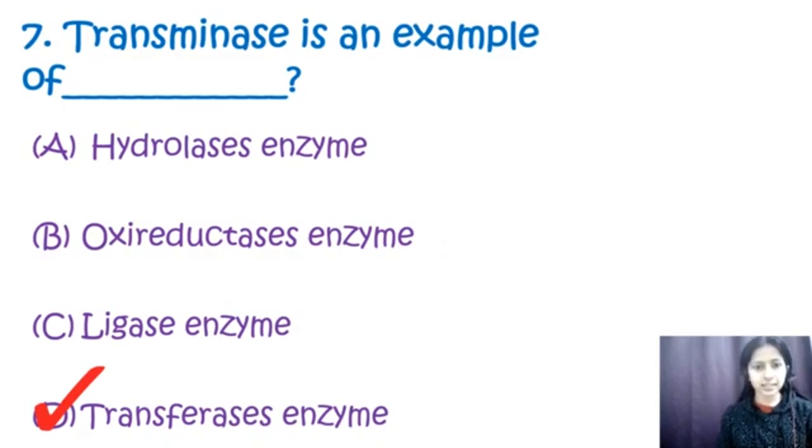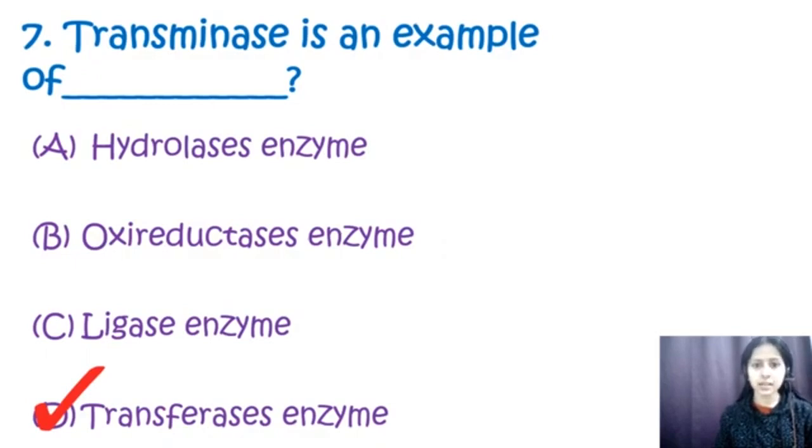Whereas hydrolase enzyme, it is a type of enzyme that catalyzes the hydrolysis of a chemical bond. That is the hydrolysis. It is a chemical reaction in which water is needed to break down a compound into further simpler substances. Option B, that is oxidoreductase enzyme.